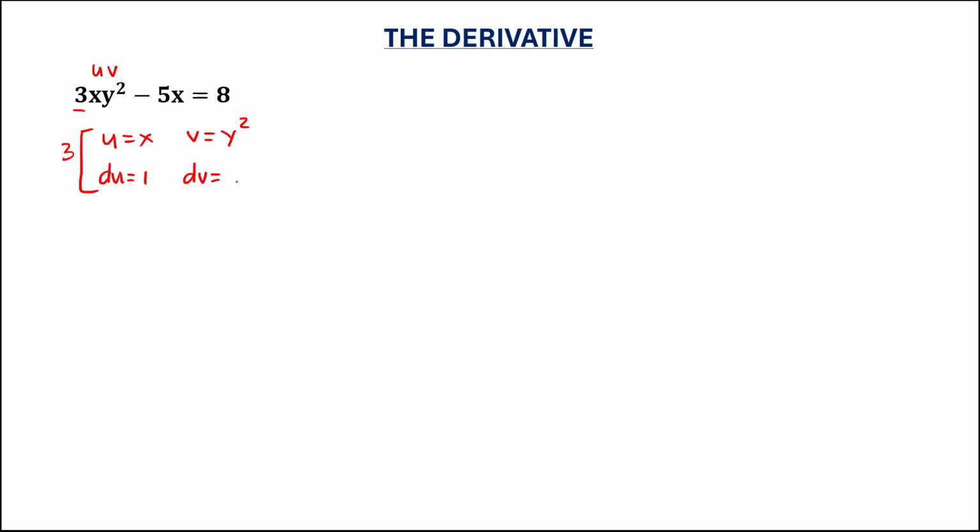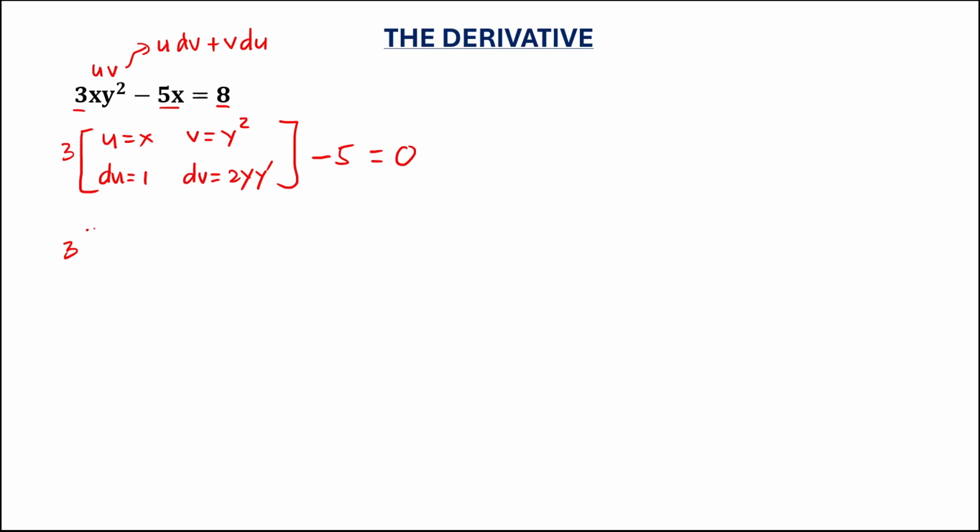For the derivative of v, this is 2y, and again there is always a y prime. Then minus the derivative of 5x, this one is 5. Then equals the derivative of a constant, this one is 0. Then we can apply now the formula for the product rule. This one is u times dv, then plus v times du.